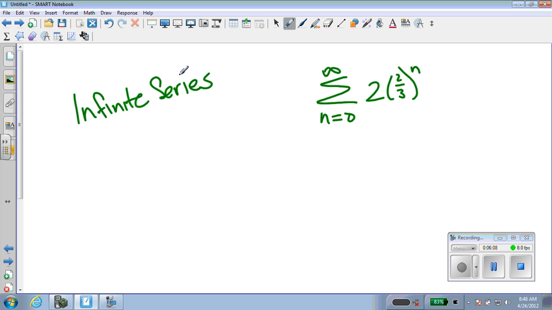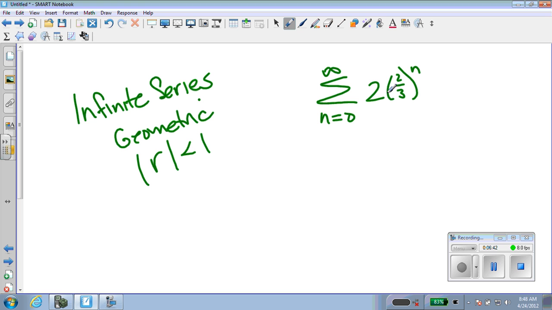It's not always true that we can find the sum of all the terms, but if it is a geometric sequence, and the absolute value of the common ratio is less than 1, meaning instead of growing, we're getting part of what we had before every time we go forward.